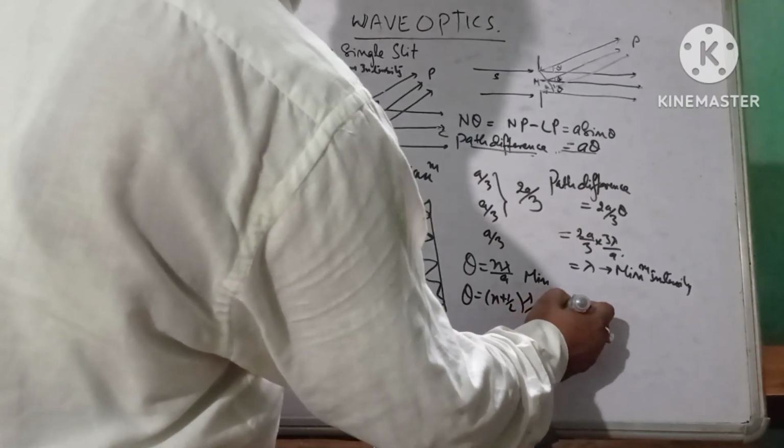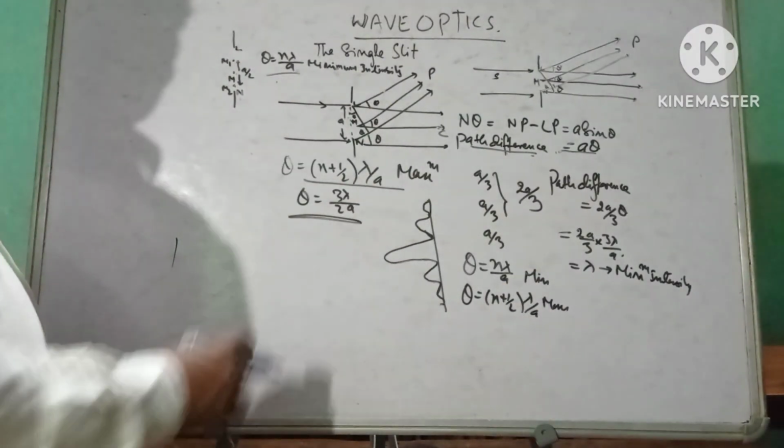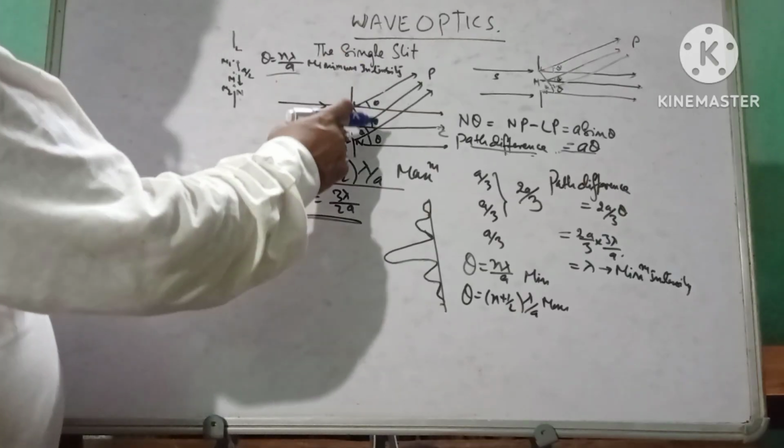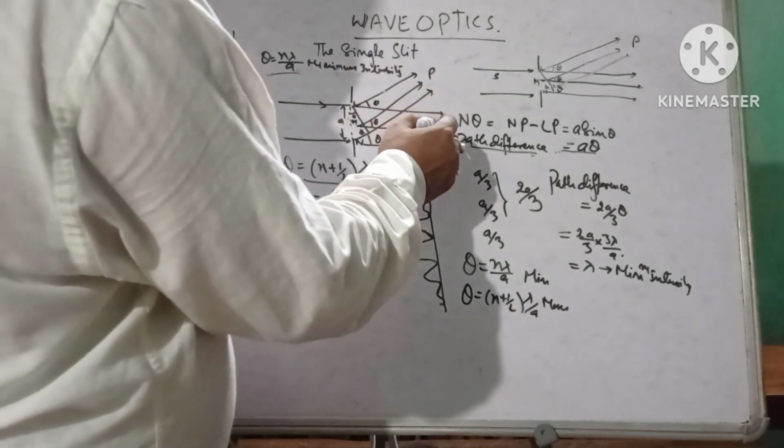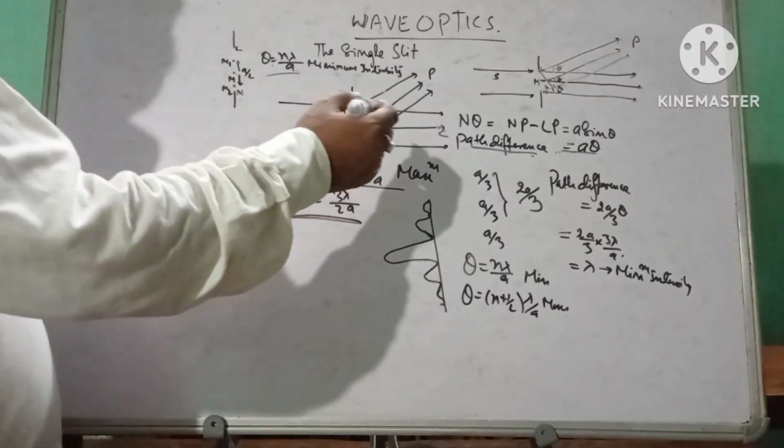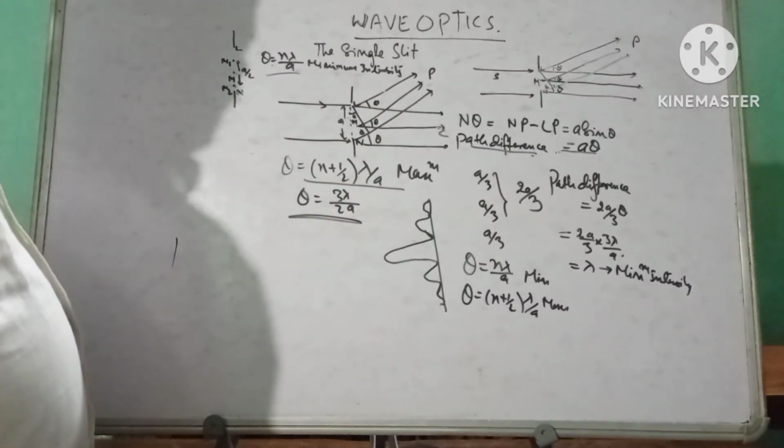At the center, because theta is 0, all the light waves from all the points between A and L reach here in the same phase, so the intensity is maximum.